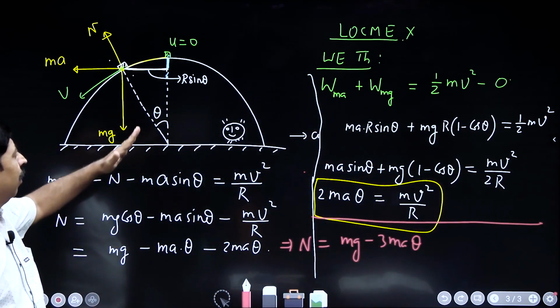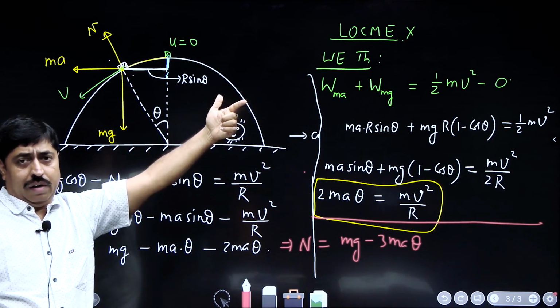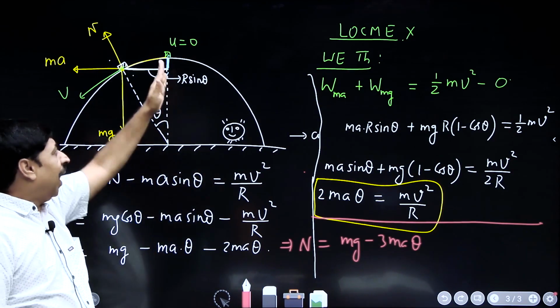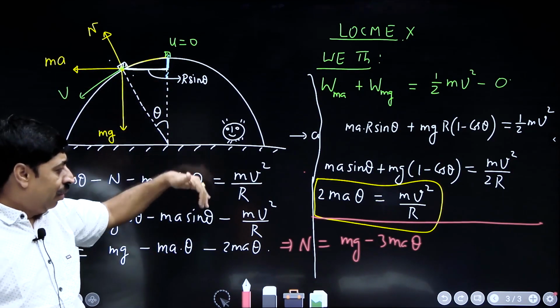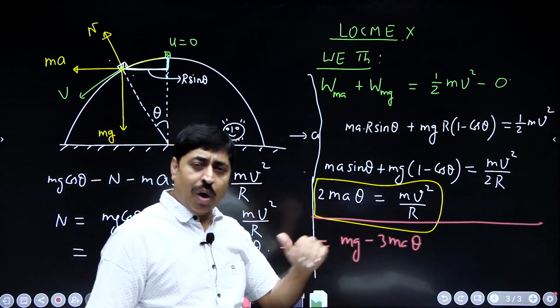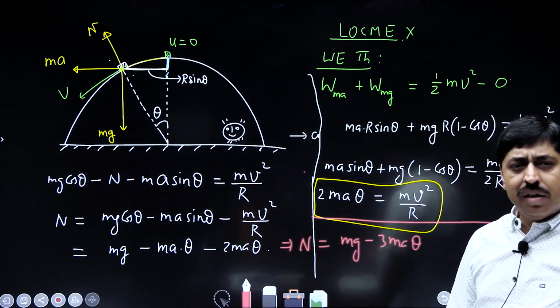And what do we want? We want that the block should not lose contact by the time angle theta is 1 degree. So, by the time theta is 1 degree, the normal reaction should not become 0, which means it should remain greater than 0.